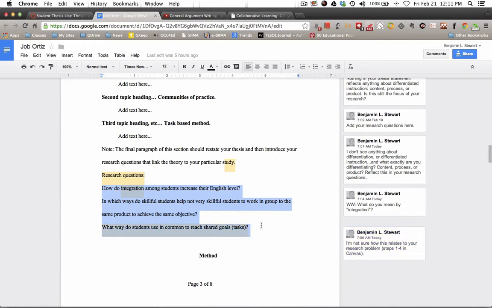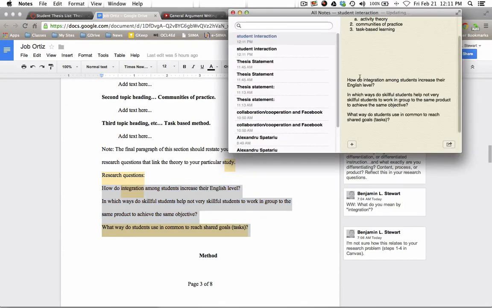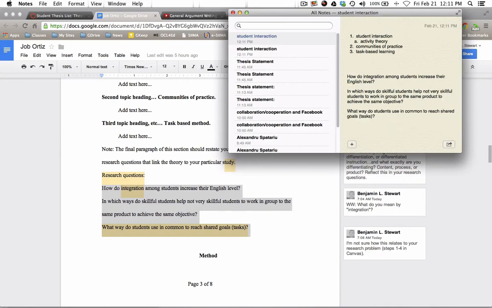The English level is too wide, so I changed it to their participation in the English task.